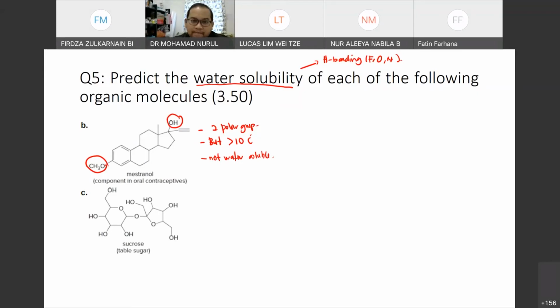Next example is sucrose, the table sugar that we take every day. They have so many polar groups: 1, 2, 3, 4, 5, 6, 7, 8, 9, 10, 11.